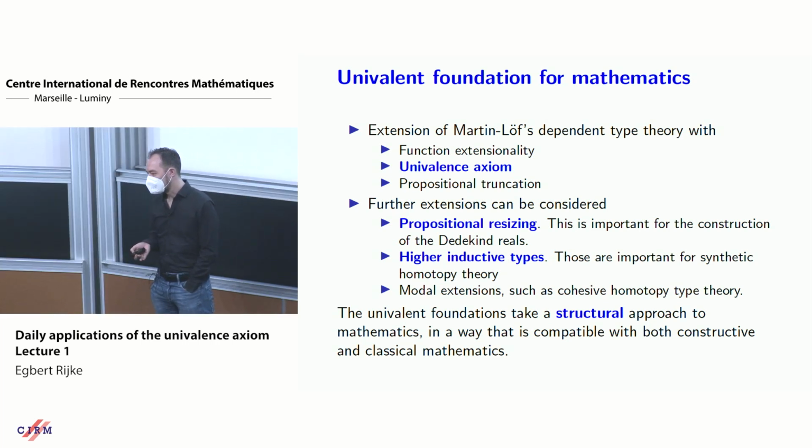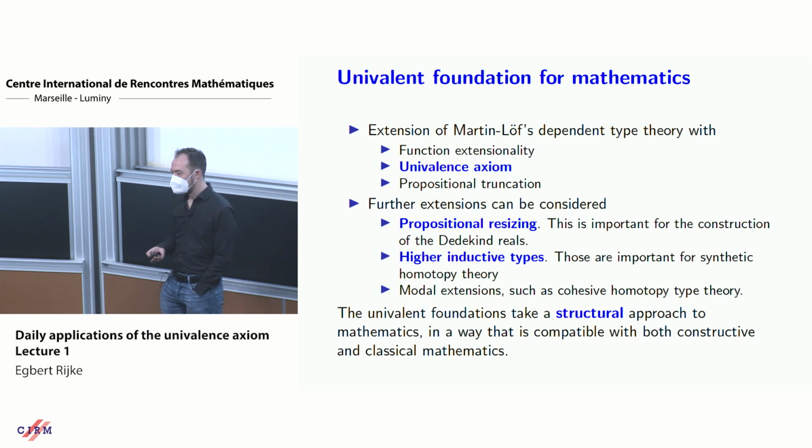You can say, okay, the univalence axiom implies function extensionality, so we don't need to assume that. Or you want propositional resizing, maybe because we want to study the Dedekind reals, and that just works nicer if you have resizing.